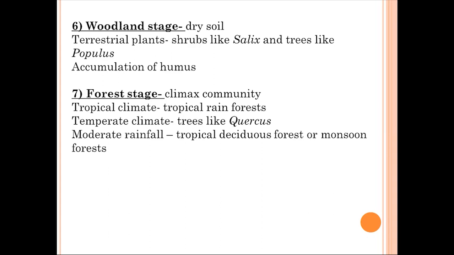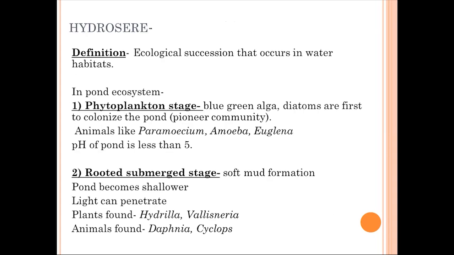So these are the seven stages. In the beginning, we saw that it was a body just containing water. The first ones to colonize the pond were the phytoplanktons, and slowly the rooted submerged plants began to colonize the pond.